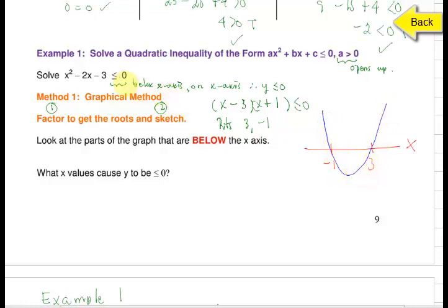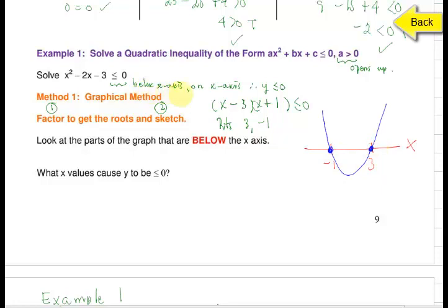Because it reads less than or equal to, and I want where y is less than or equal to 0, I also am concerned of where y is equal to 0. So when we have an inequality that reads less than or equal to, I use a solid dot at my roots to show that they are included as part of my solution.